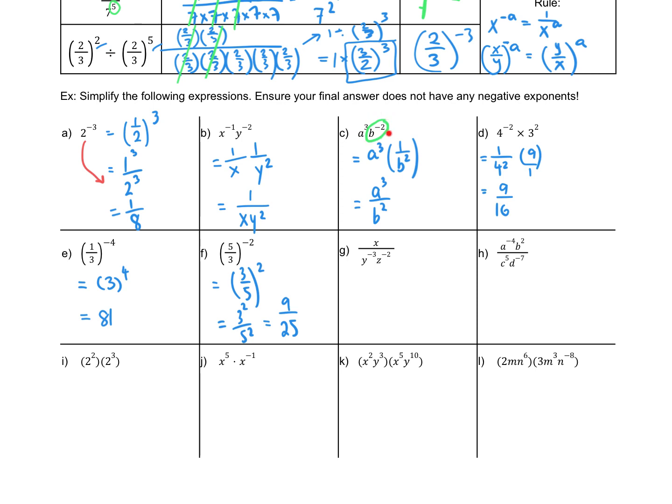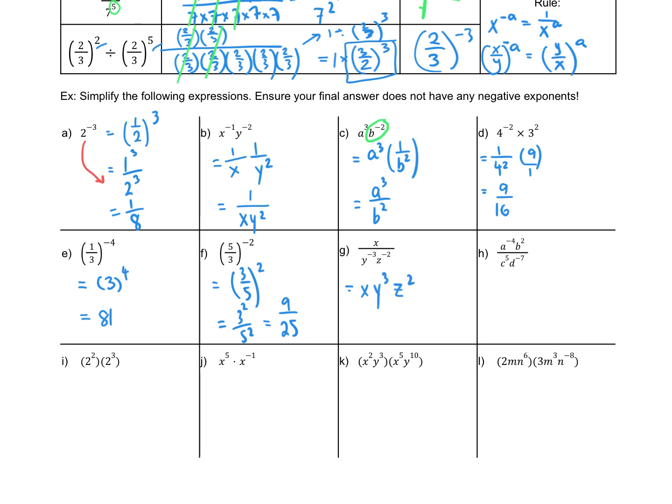Just like in this example here, when we had a negative exponent in the numerator and it ended up in the denominator, the opposite is true as well. When I take the reciprocal of the y and the z term, because they both have negative exponents, they'll come up in the numerator. So we'll just have x is fine, y to the power of 3, and z to the power of 2.